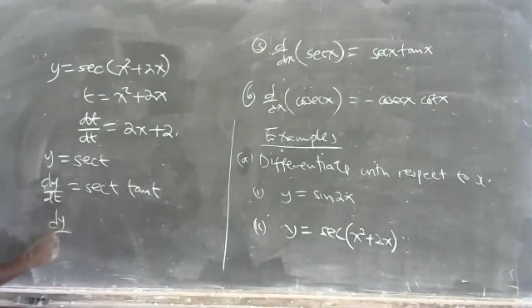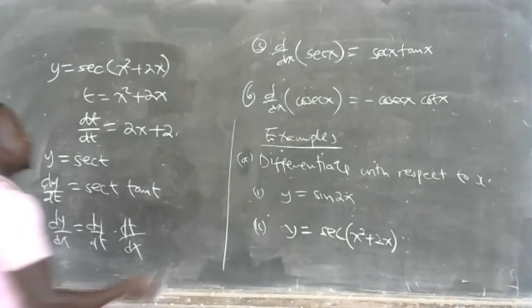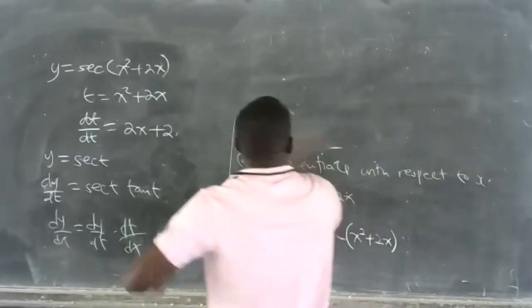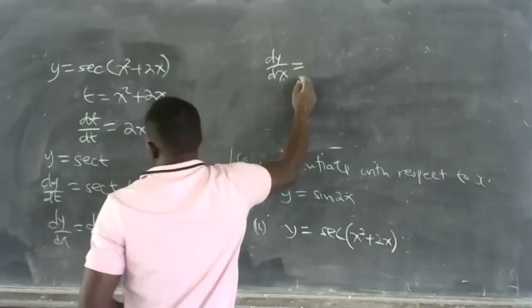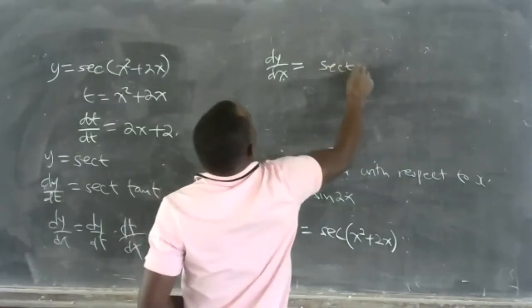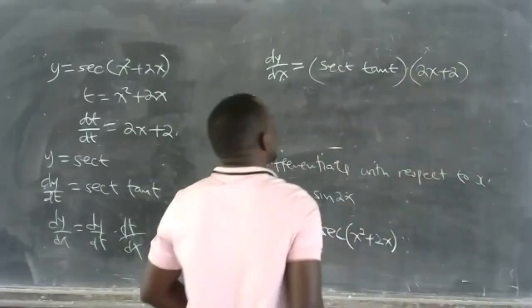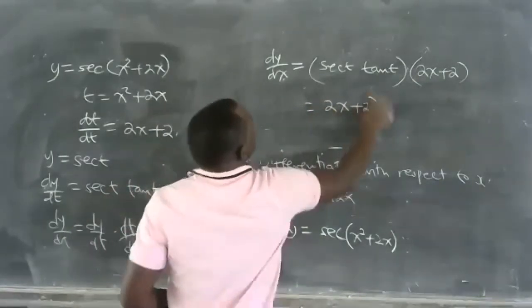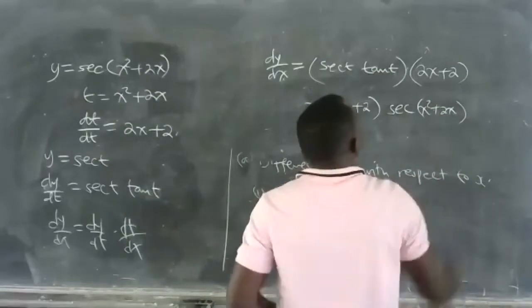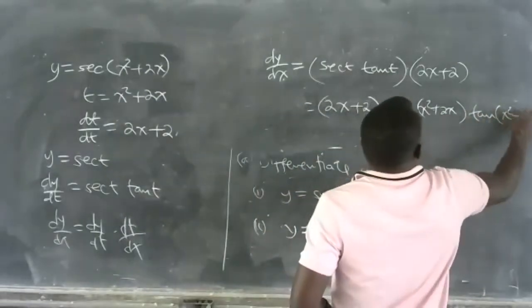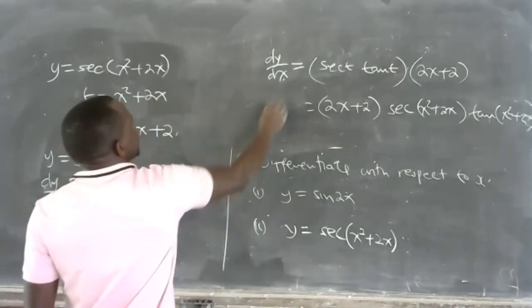By chain rule, dy/dx is dy/dt multiplied by dt/dx. So dy/dx will be sec t tan t times 2x plus 2, which is sec of x squared plus 2x, then tan of x squared plus 2x, times 2x plus 2. That's the derivative dy/dx.